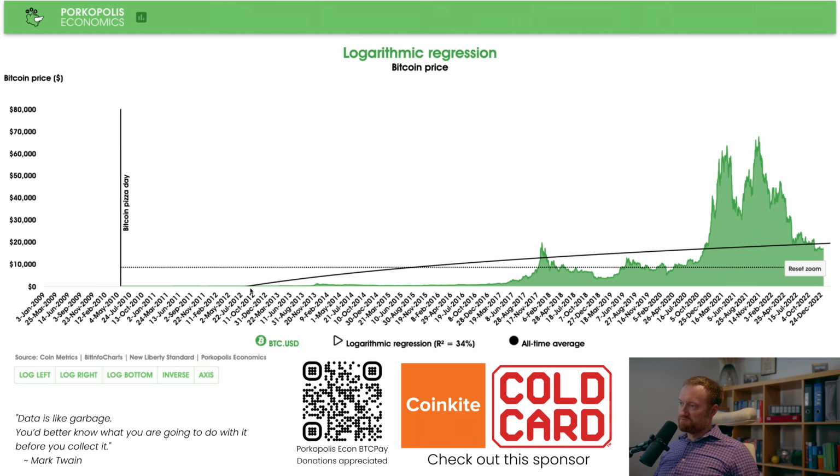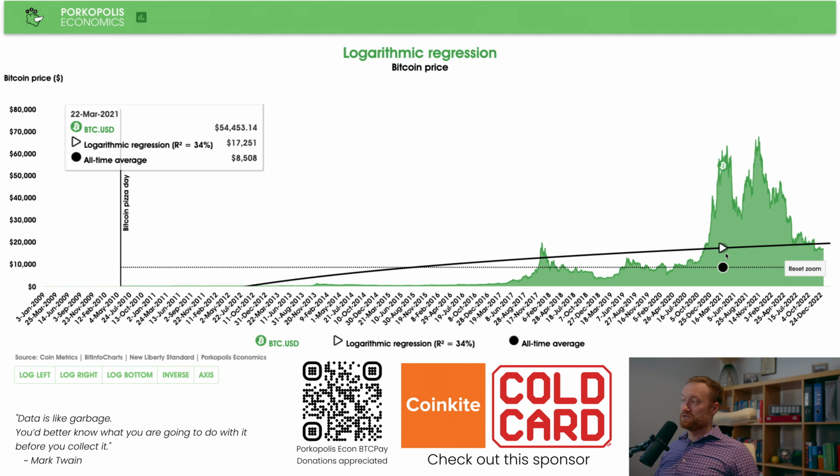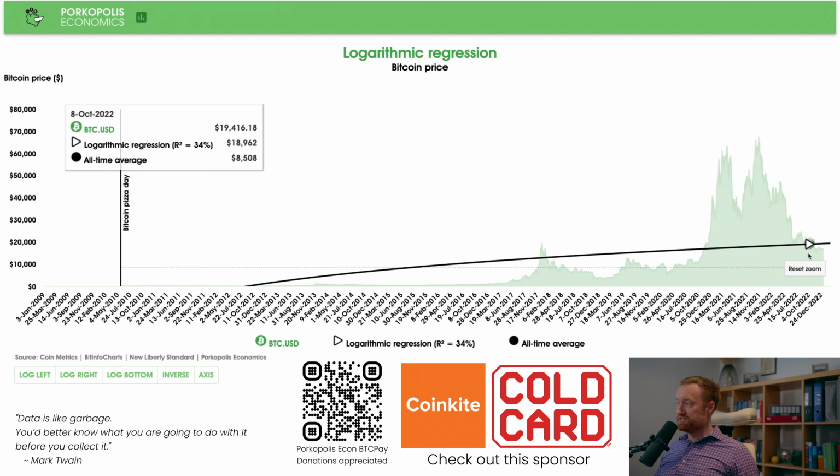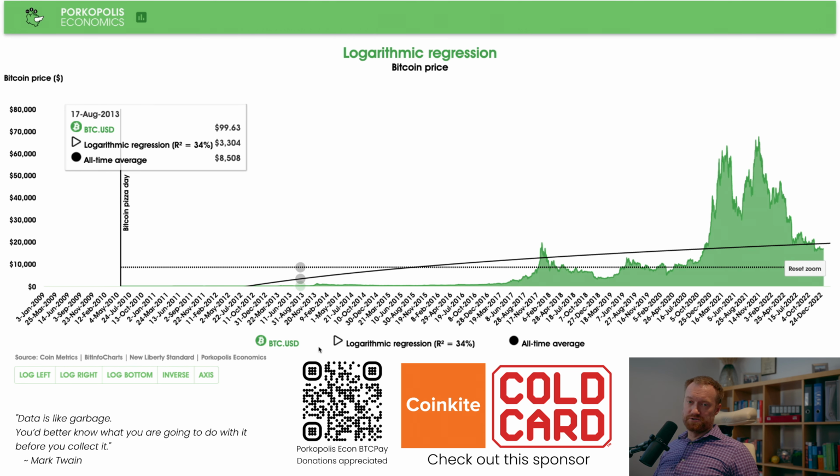So it becomes positive here in late 2012, and then it grows. And we can see that it seems to take a curve. This upward sloping curve seems to look a little bit better than the average. But is it? Well, that's where R squared comes in.